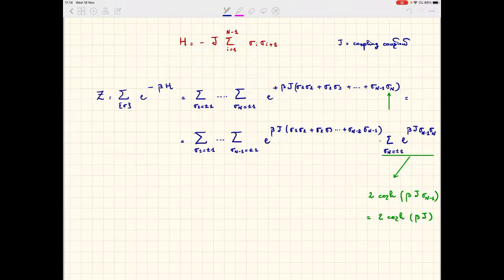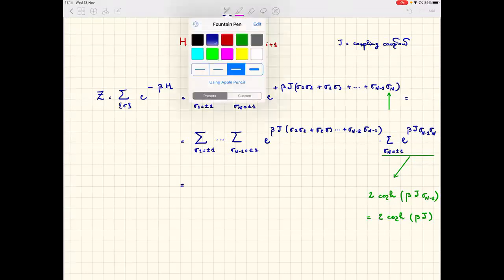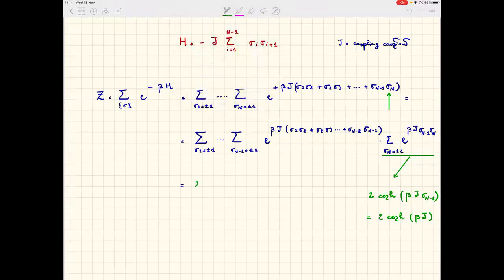And therefore, what we discover is that this summation here is equal to 2 cosh beta J times this summation here. But this summation here is equal to what? Someone knows what it is?